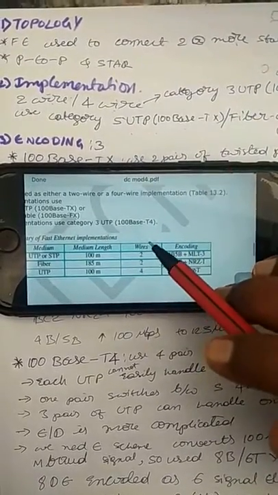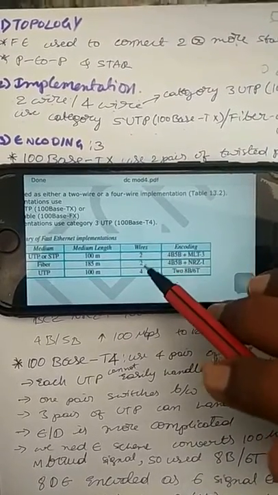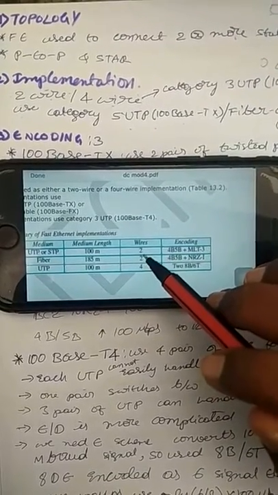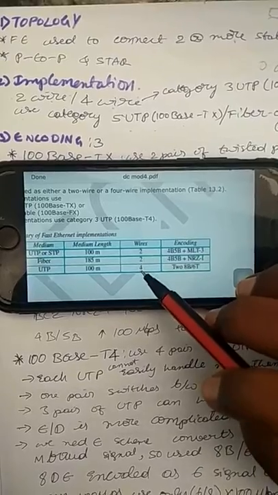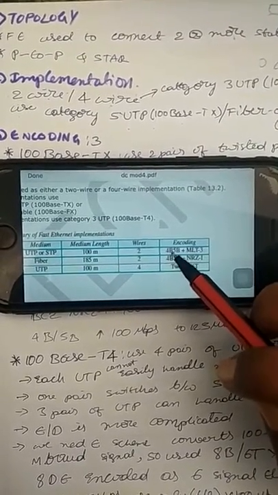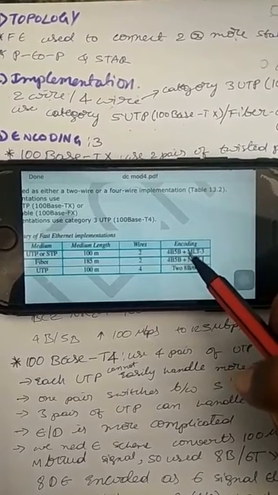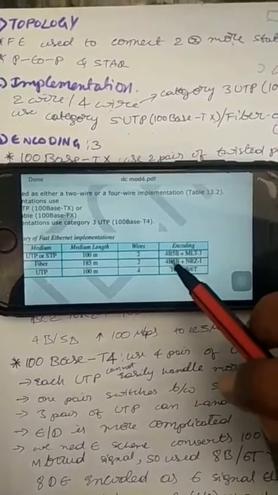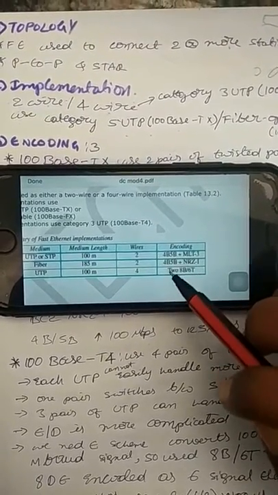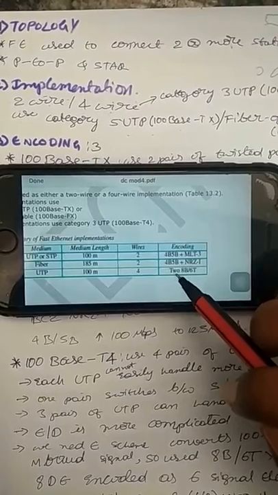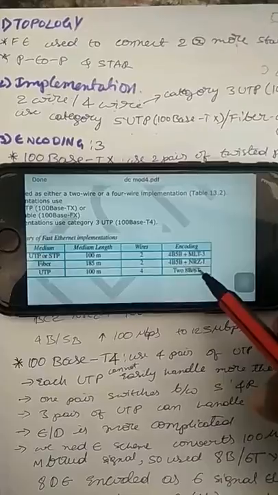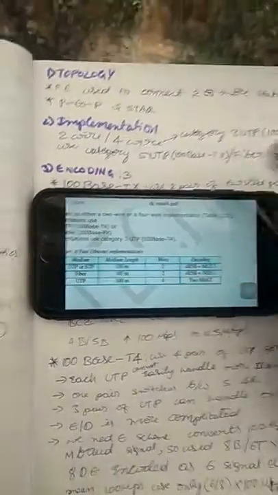Next, how many pairs? 2 pairs, 2 pairs, and 4 pairs. What are the encoding techniques? 4B/5B plus MLT-3, and these two use the same encoding. The last one uses 8B/6T. Okay, these are the encodings.